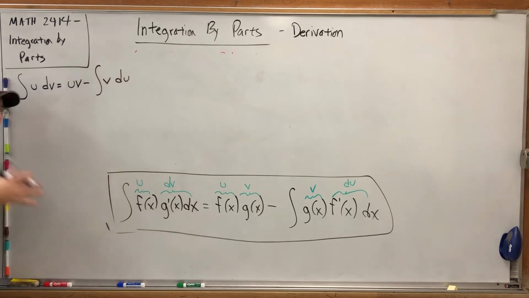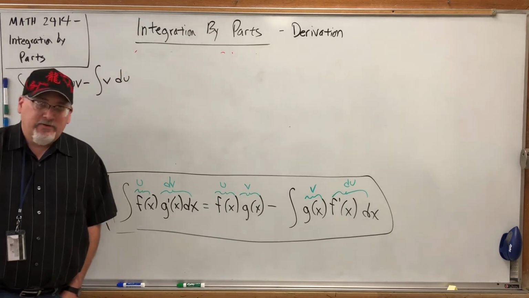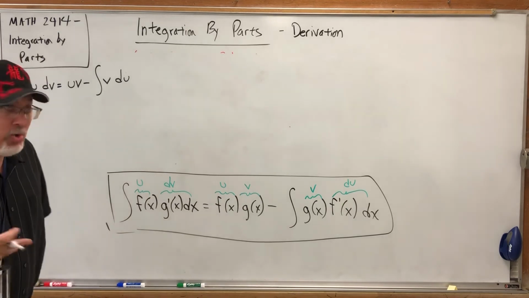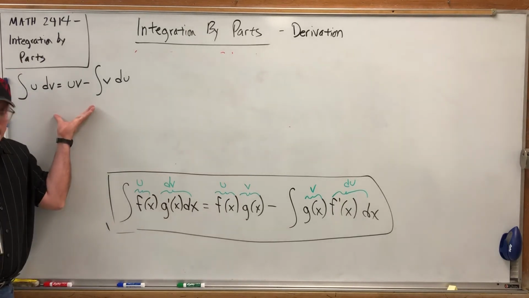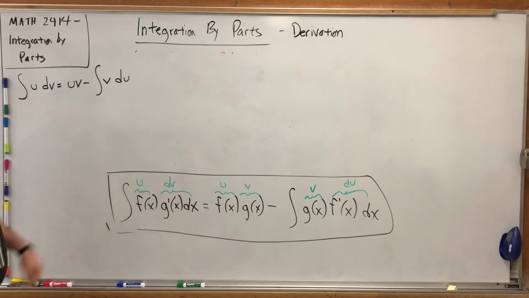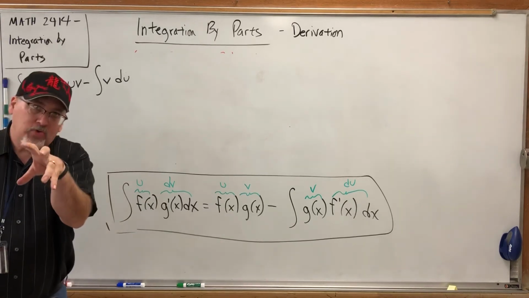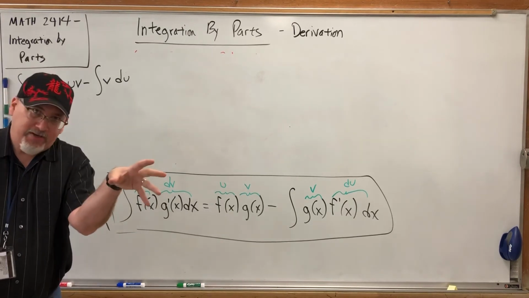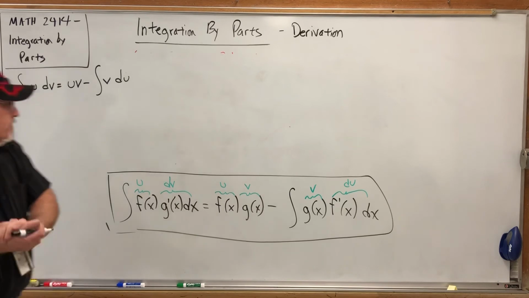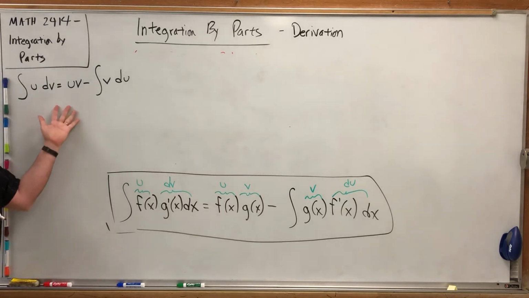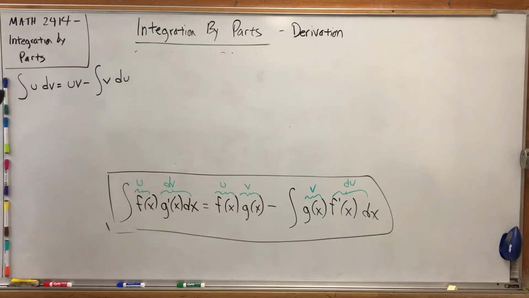Now, if you're just trying to commit stuff to memory as opposed to understanding what's going on, then this is what you should have memorized. But if you know that it's just the product rule integrated and rearranged a little bit, then you don't have to really memorize this. It will just jump out at you all the time.